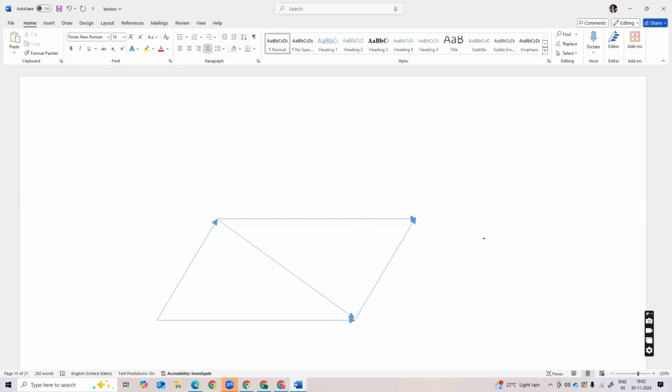So this was, let's say, vector A, this is vector B, and this one, since it is pointing towards B, we can write it as B minus A. However, if this arrow is showing in this direction, then you will write it as A minus B.